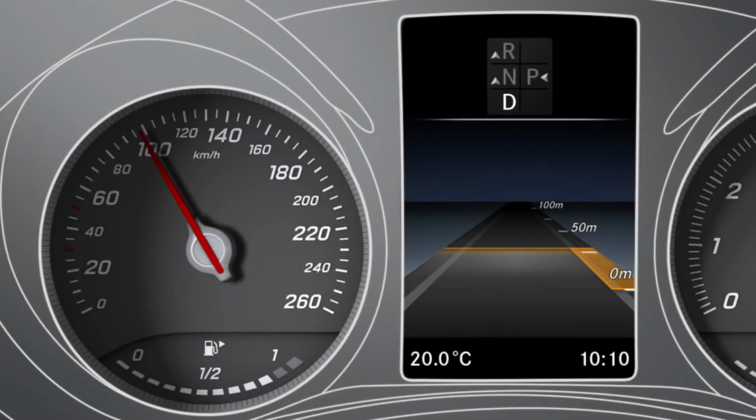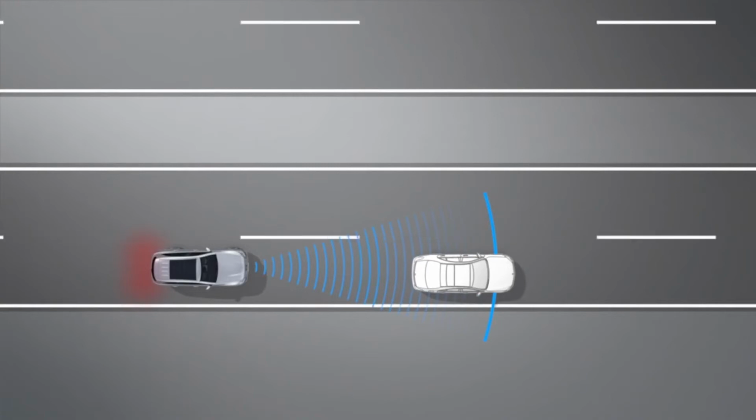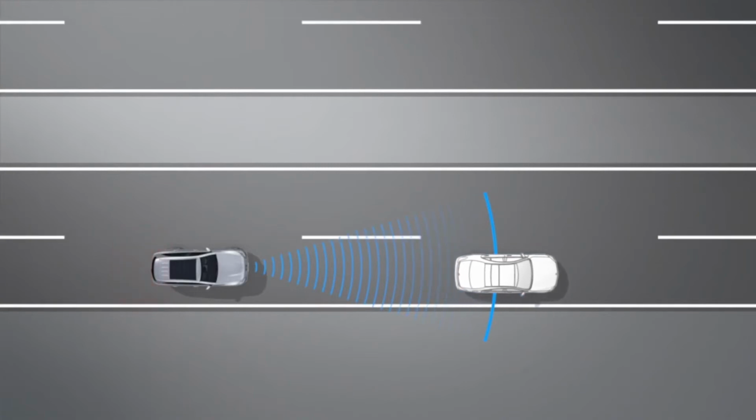When Distronic Plus is activated, the specified minimum distance selected is displayed in the instrument cluster. The illuminated segments in the speedometer represent the range between the speed of the vehicle in front and your set speed. If you're approaching the vehicle in front, Distronic Plus reduces your speed automatically.